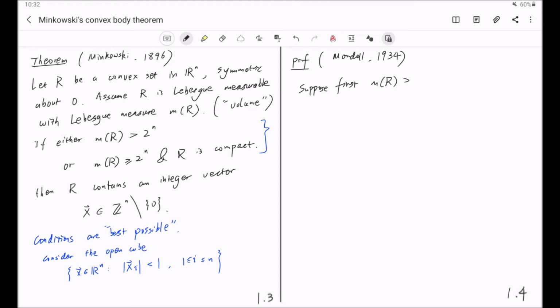Now for a positive integer m greater or equal to 1, let R sub m be the points x in R such that x can be written as a vector whose components all have the same denominator m.